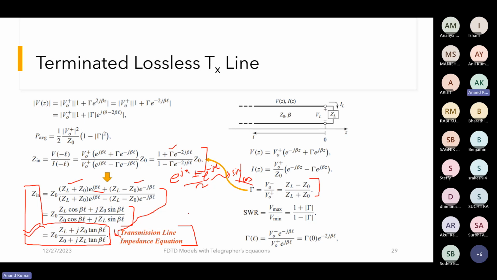Okay, so proceeding to the next slide. I'll recommend working this out with pen and paper.